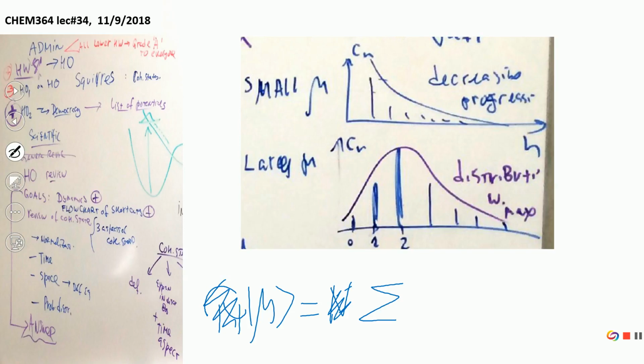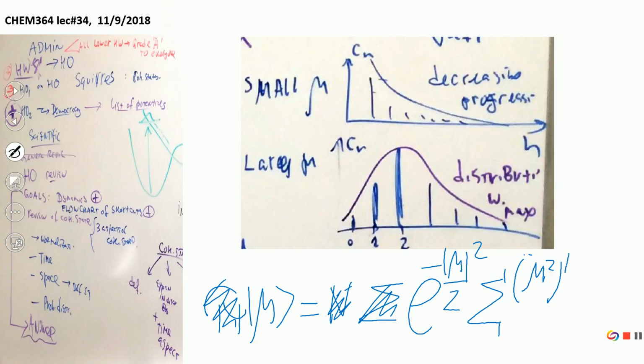It will be e to the power minus mu squared over 2, summation, square. Please correct me if I'm wrong. I think it goes along with what we were doing. So this is C naught, and this comes from the progression. Maybe there is no 2 here.